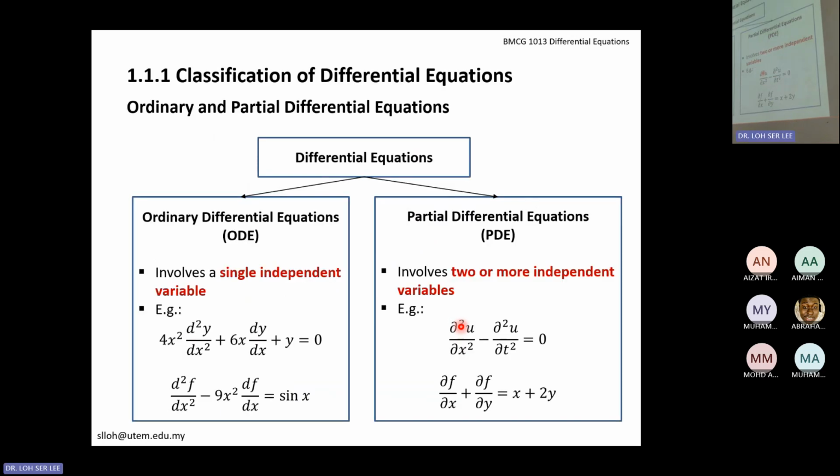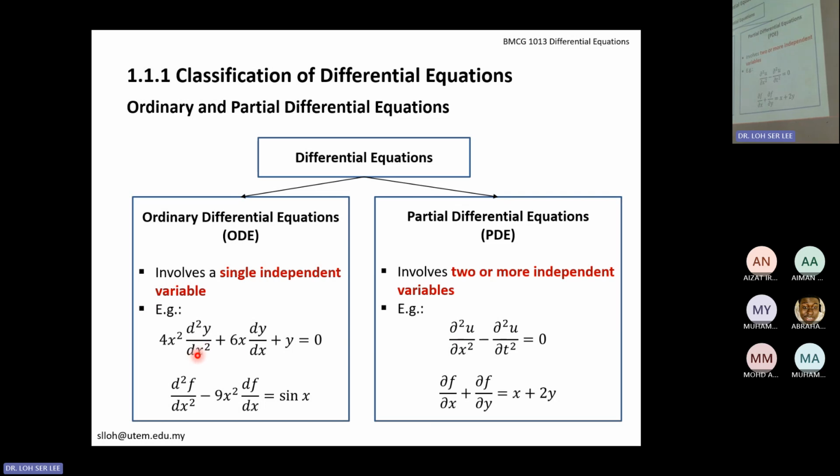Now we will start with the classification of differential equations. We have two types of differential equation. One is ODE, another one is PDE, ordinary versus partial. An ordinary differential equation involves only a single independent variable. What is an independent variable? We look at the variable in the denominator.